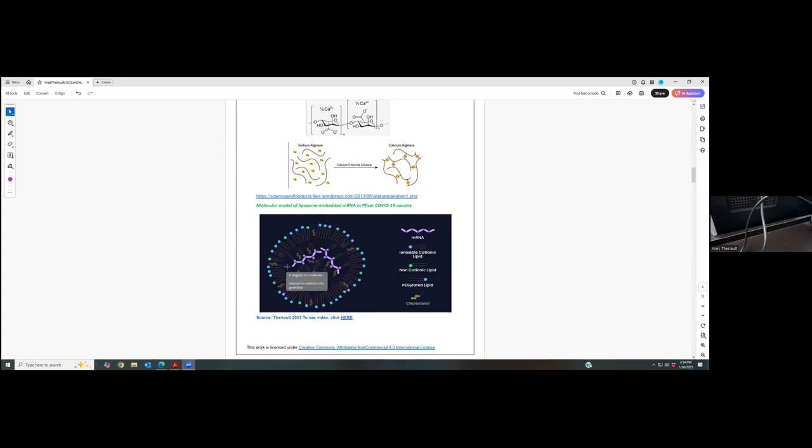So, if you do the calcium alginate experiment, it's kind of cool because you can demonstrate how the spherification process can capture the colorant molecules. If you can capture colorant molecules, then you can capture also drugs, right?